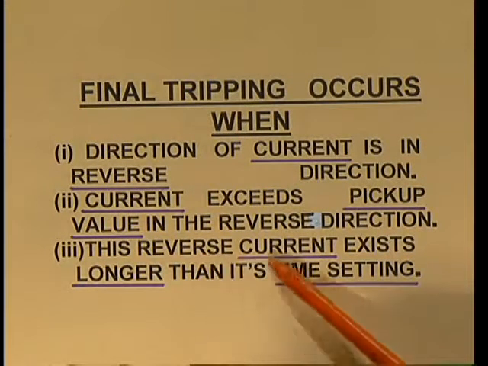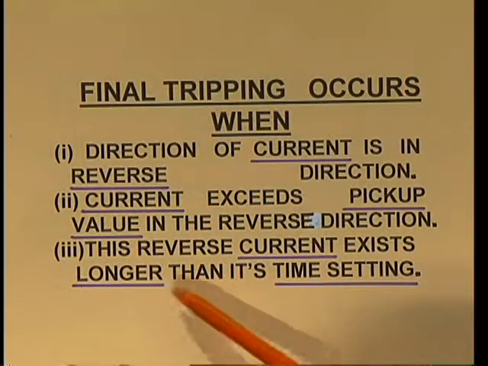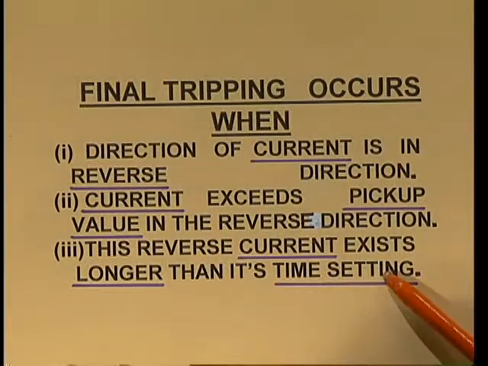Third, this reverse current exists longer than its time setting. So overcurrent relays have both a current setting as well as a time setting. The relay operates only when the pickup value is exceeded and the time is exceeded. Like this the directional overcurrent relay works.